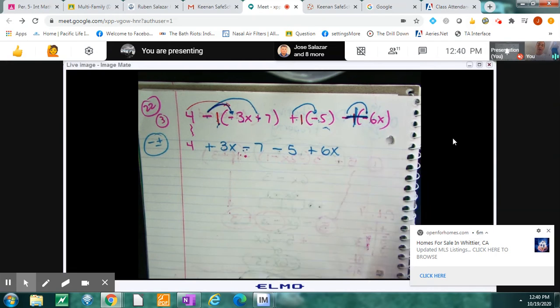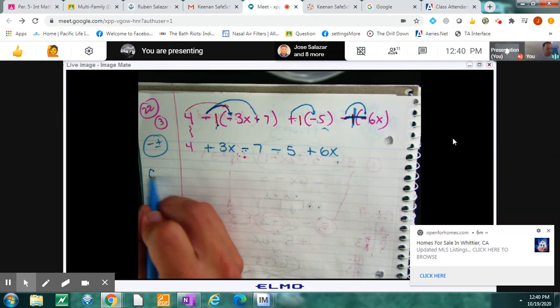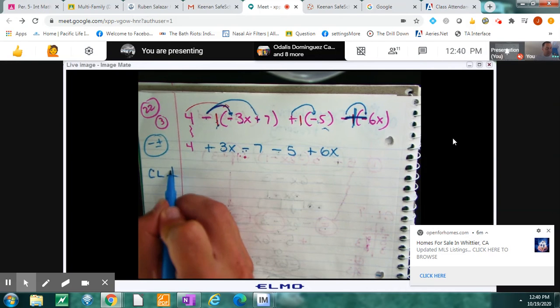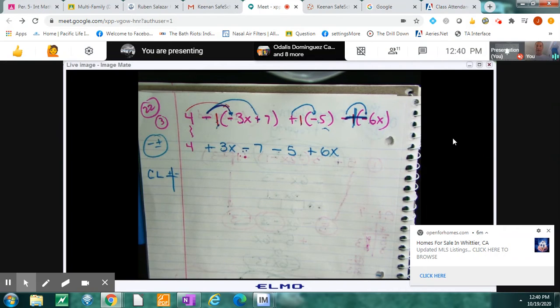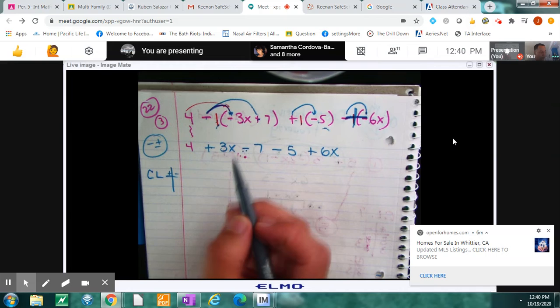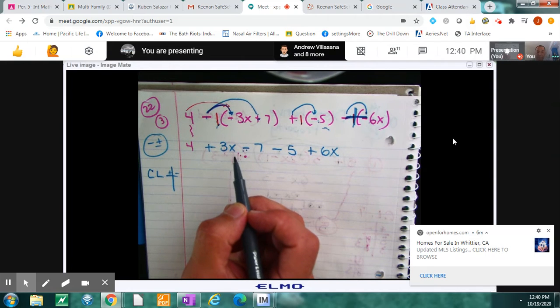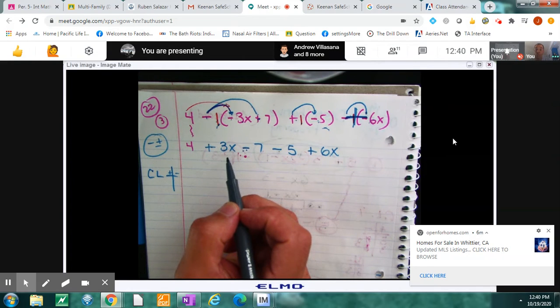So now what do we do? Combine like terms with a T-chart. What am I going to combine? What am I going to circle? How about Brian?